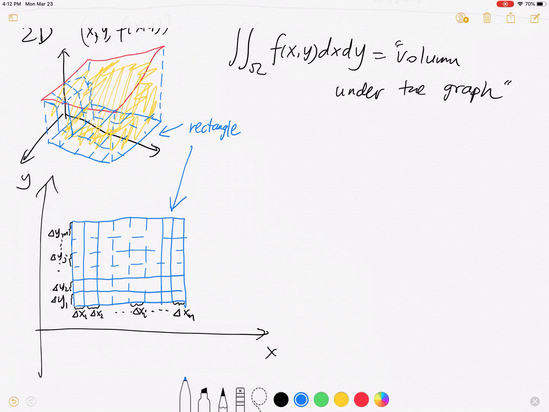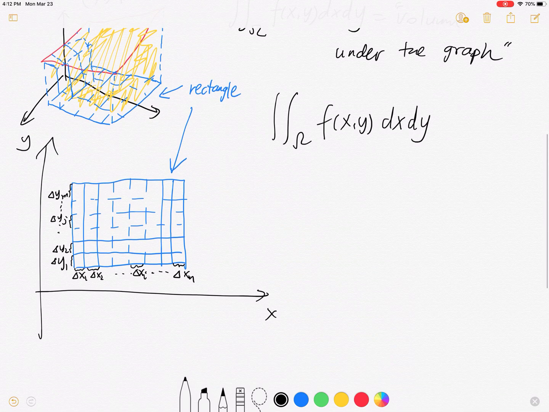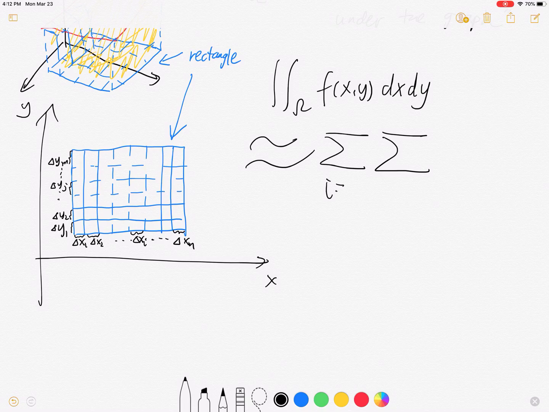In other words, this approximately equals the summation over i from 1 to n, j from 1 to m.